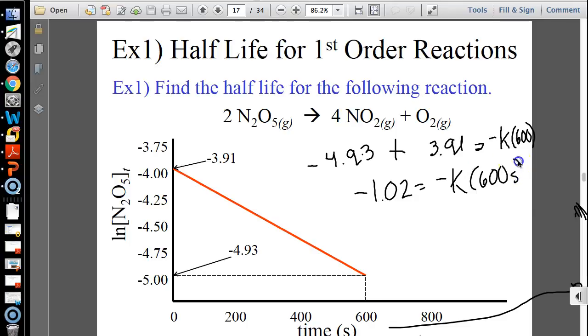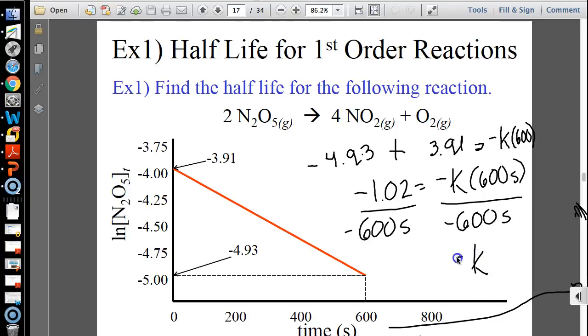So I'm going to divide both sides by 600 seconds. And so K is equal to a really small number, negative 0.0017. Am I done? Did I do all the things yet? Do I have the half-life? No, I have the rate constant.